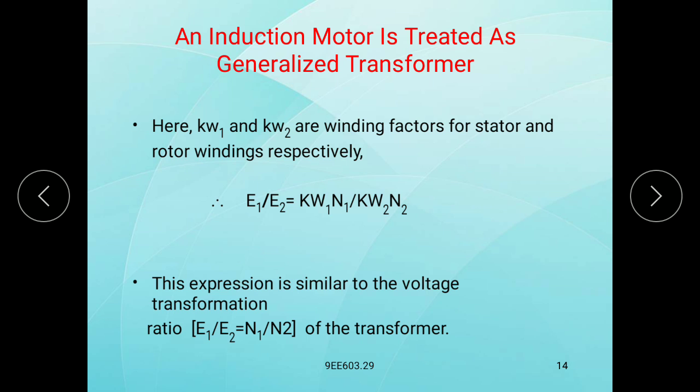This expression is similar to the voltage transformation ratio E1 by E2 is equal to N1 by N2 of the transformer. This is called the transformation ratio.